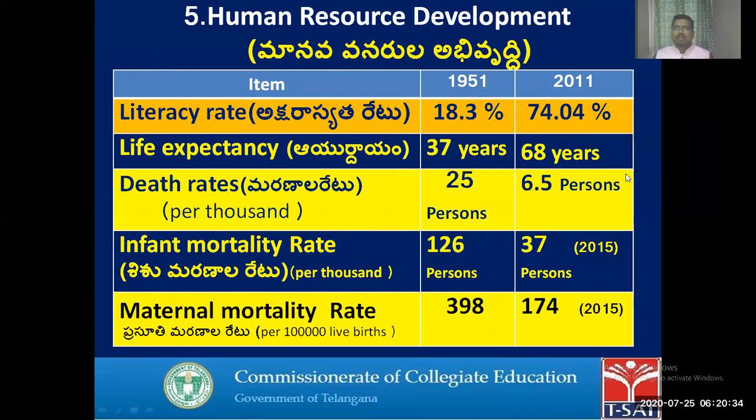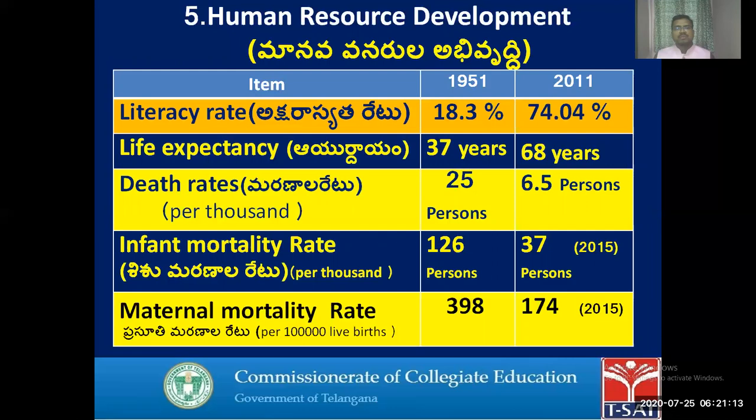Another aspect, human resources development. Human resource development is estimated as the Human Development Index, which requires the parameters per capita GNP, life expectancy, and education. You have already seen the per capita income increase.